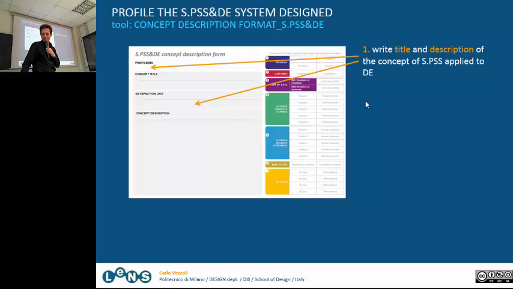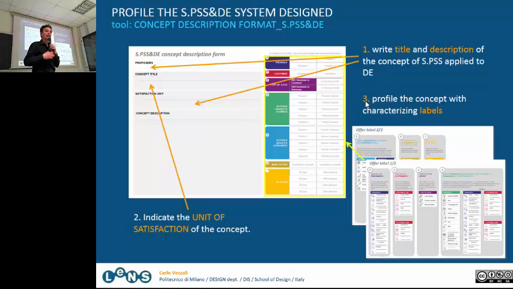You have to write it. And then again you profile. The profile could be quite similar to the profile that you put before in the innovation diagram, or it could change because when you go on, you can go on redesigning. But here you have really the first description of your concept.